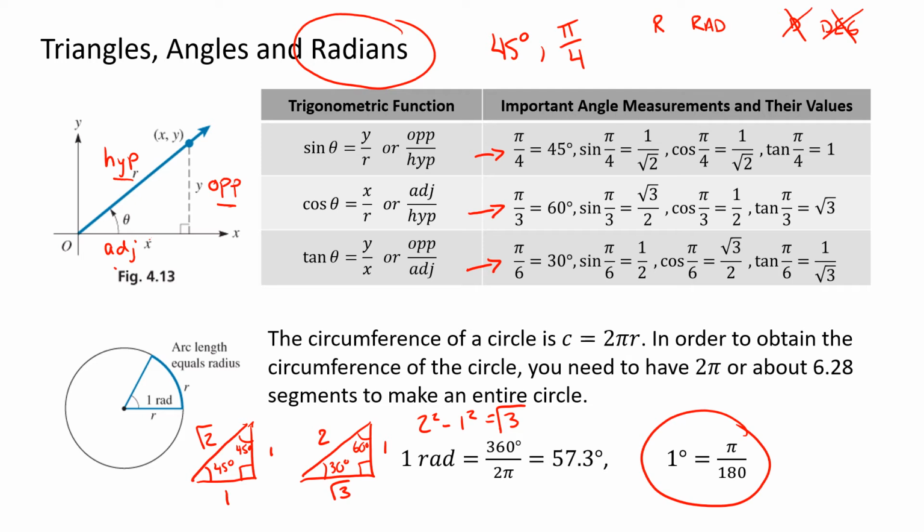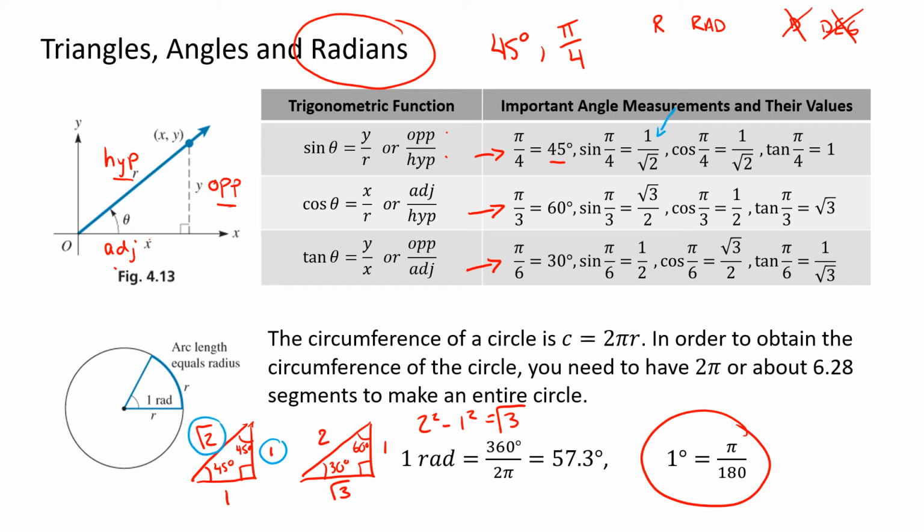So using those values, we can come up with the answers for sine, cosine, and tangent of these three angles, 30, 45, and 60 degrees. So starting with 45 degrees, which is pi by 4, the sine of pi by 4, remember, is the opposite divided by the hypotenuse. So the opposite side here on this triangle is 1, and the hypotenuse is root 2.